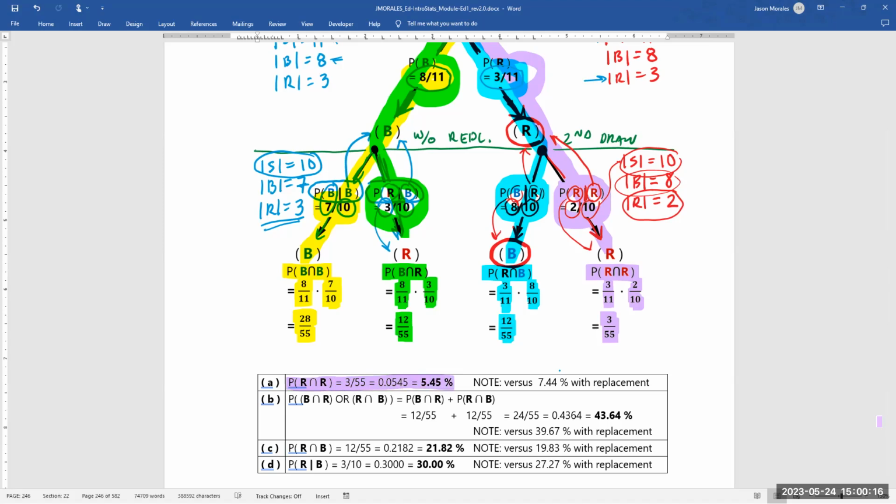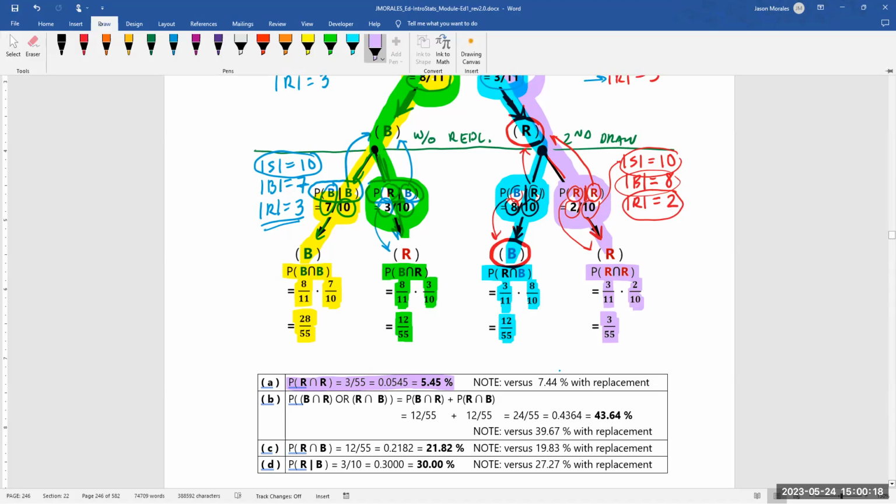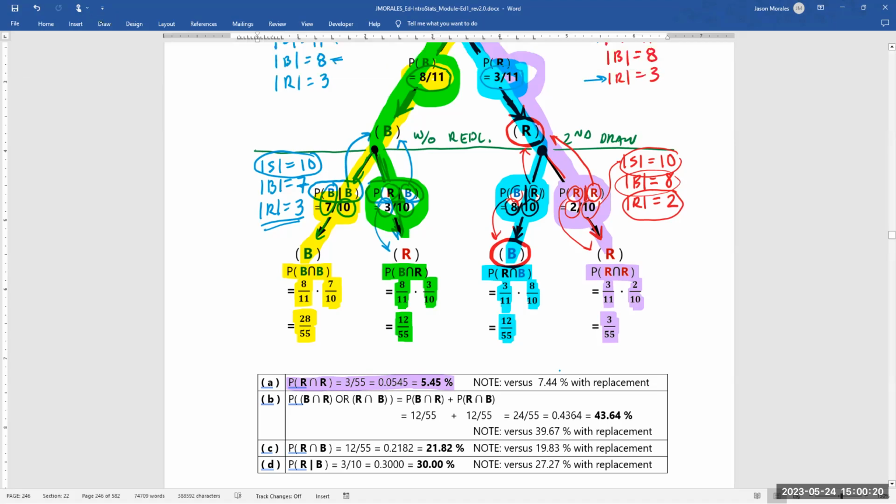So notice that this probability of 5.45% of getting 2 reds is less than the probability of getting 2 reds with replacement, which comes out to 7.44%. So the fact that you're taking a marble and holding on to it actually reduces the probability of getting 2 of the same color, of getting 2 reds in this case.